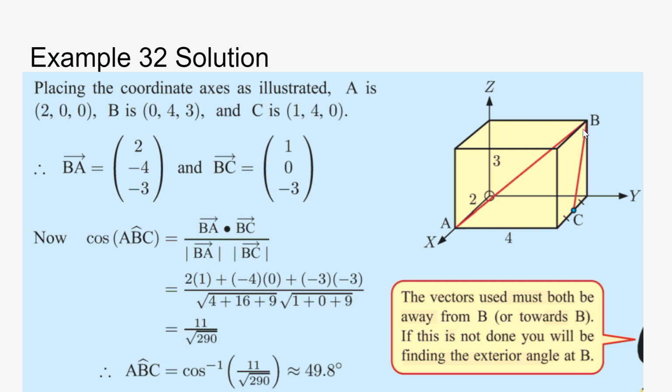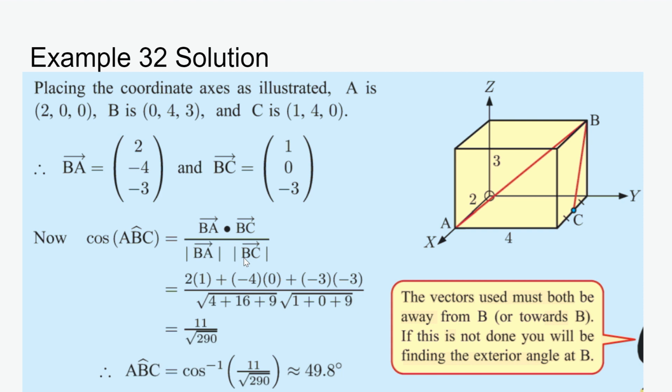So if I have these vectors, then I'm going to be able to find the angle. The cosine of that angle is equal to the scalar product of BA and BC. Notice that they share that vertex B, which is what allows us to talk about the cosine of ABC. And I'm going to divide that by the magnitude of vector BA times the magnitude of vector BC.